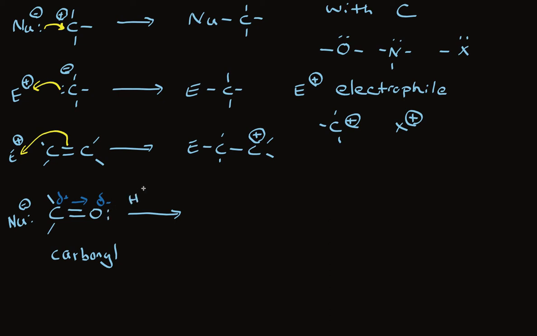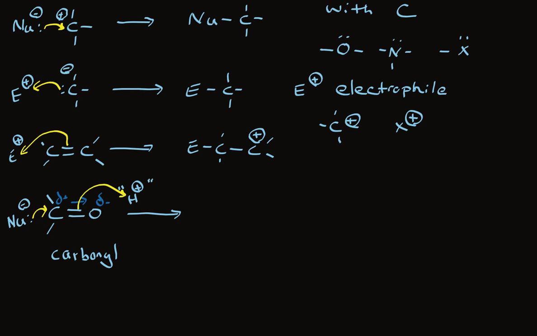I'm going to write H+, and we can easily see that a pair of electrons could react where there's a partial positive charge, negatively charged electrons reacting by being drawn to positive charge. And this pair of electrons, which has excess electron density on oxygen, forms a bond with that hydrogen.